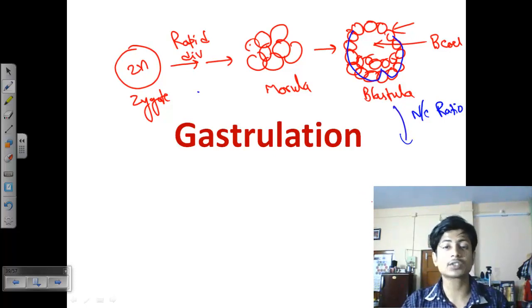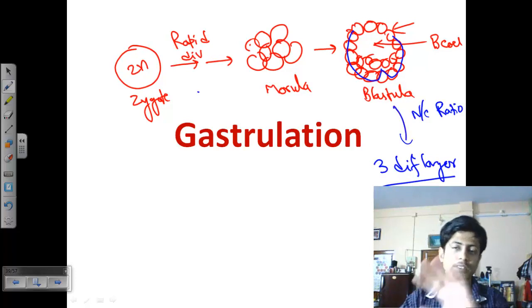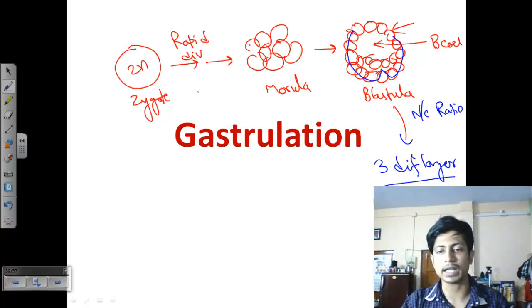Actually, the idea of gastrulation is to provide three different layers of cells: ectoderm, mesoderm and endoderm, right? Ectoderm is the cell layer present at the outermost side, endoderm the one at the innermost side, and mesoderm is the cell layer present in between the ectoderm and endoderm. So this is the beauty of gastrulation.